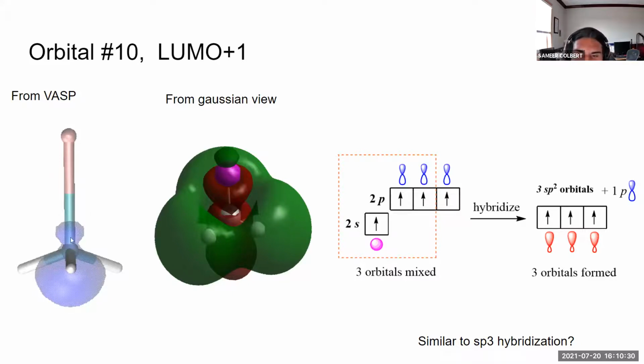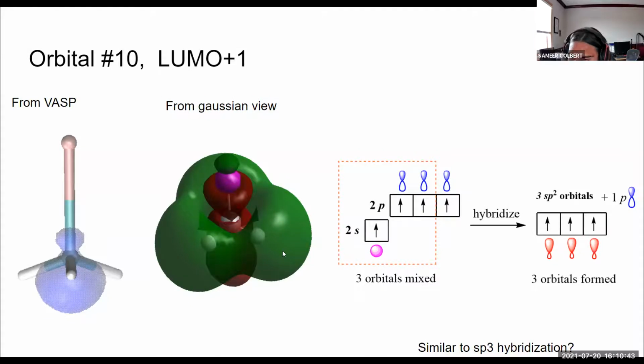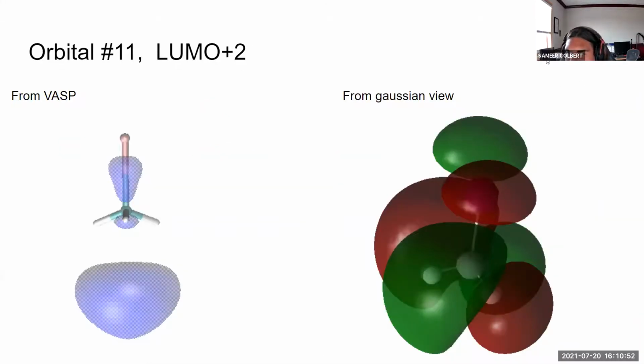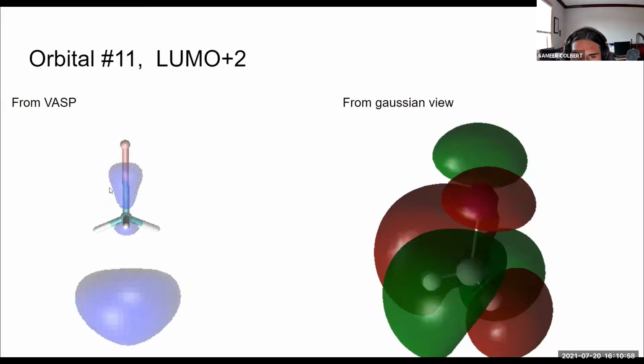When we looked at the VASP view, we saw that that area was close to the p hybridization, and so we were looking to see if there was a reason for that. LUMO plus 2 is the last one that we calculated, and so that is where we end with that.